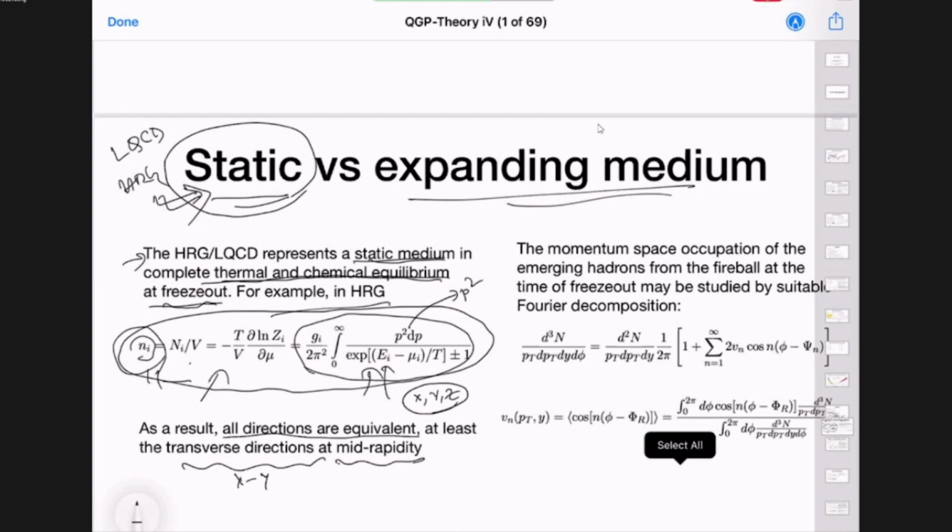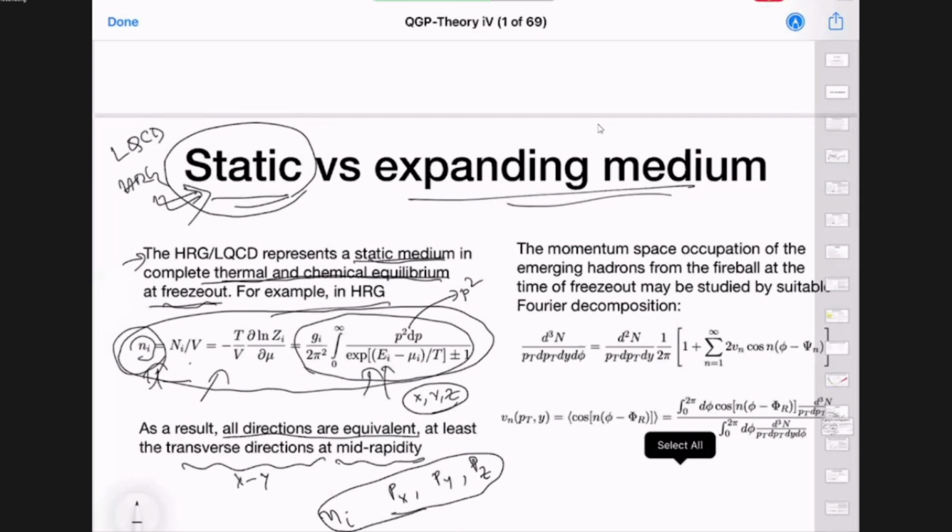But if you decide not to integrate out the momentum space information, because in experiment you do have that information, that at a px, a py, a pz, what is the number of particles, then what do we see?